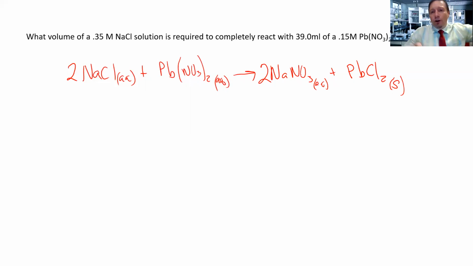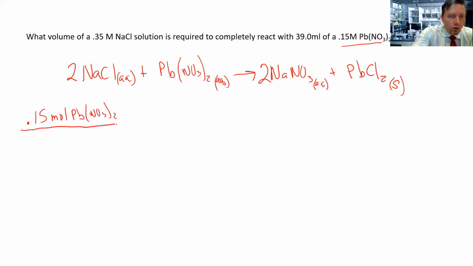So I'm going to start right away with my lead nitrate. I'm going to come over here and write down 0.15 moles of Pb(NO3)2 over 1 liter.